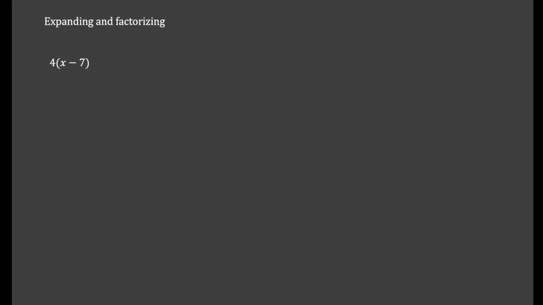So, 4 multiplied by x to get 4x. It is the same as, not necessarily. This is not going to give you 4x minus 7, if that's what you're thinking.